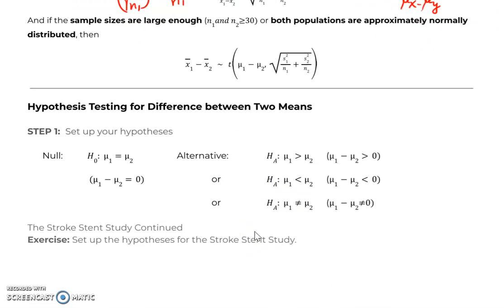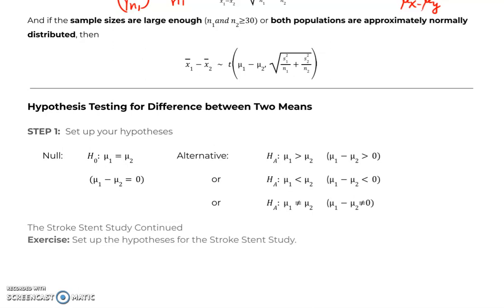So let's look at how that affects our hypothesis testing. As before, we set up our null and our alternate, and we start by comparing the two means, and they can either be equal or, mu1 could be greater than, less than, or not equal to mu2, depending on what our claim is.